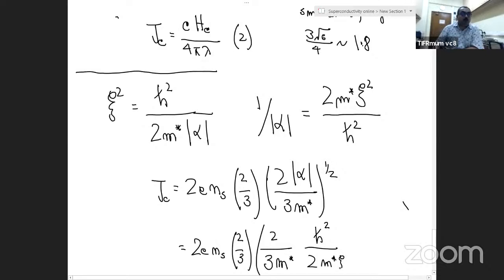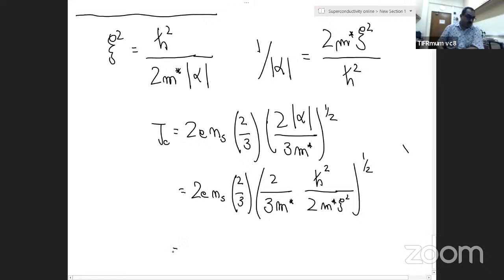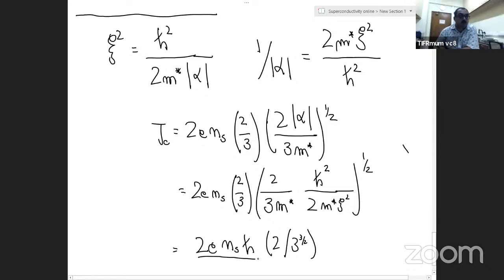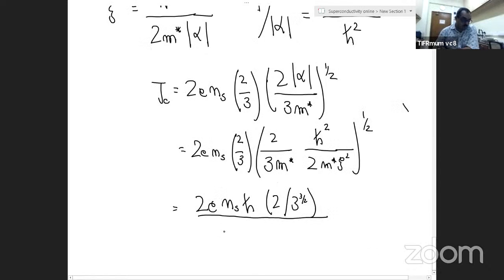Sorry, I missed it. Xi mod square root. So now if I do my maths correctly, I will get twice e ns h bar into 2 by 3 to the power 3 by 2, divided by xi.